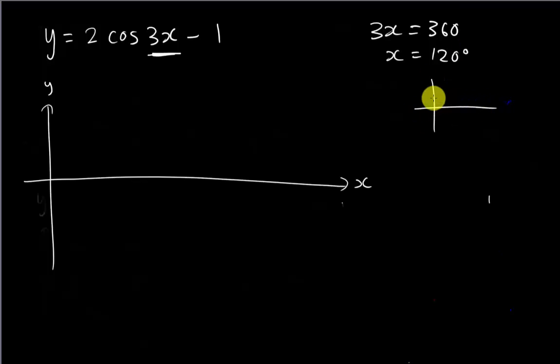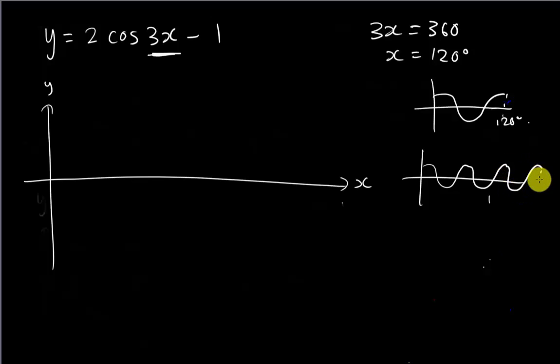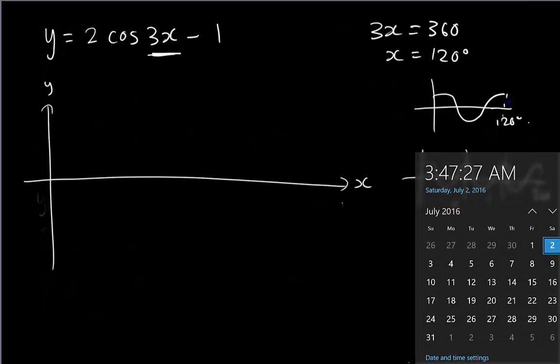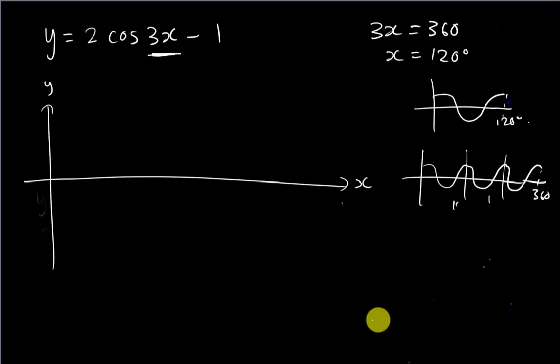That means my one cycle will stop at 120. So in 360, I have 3 cycles, 120 each.